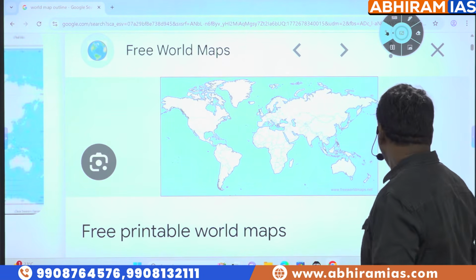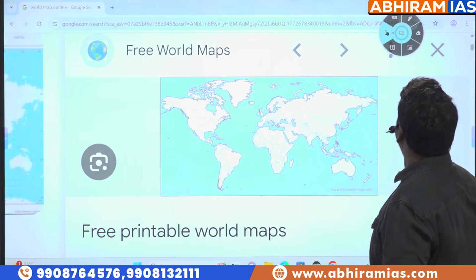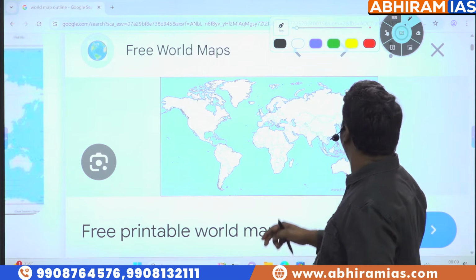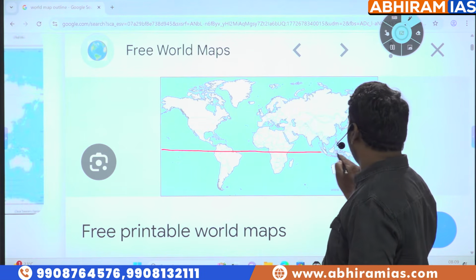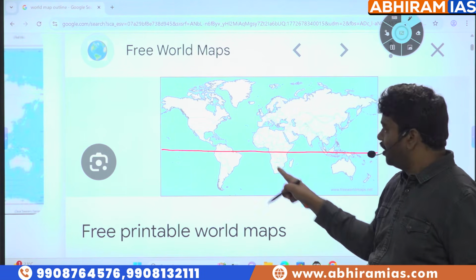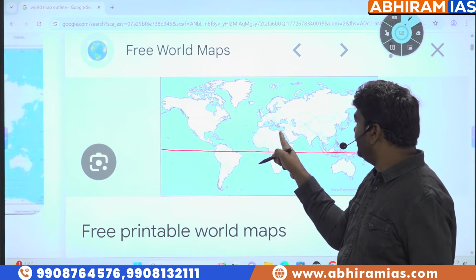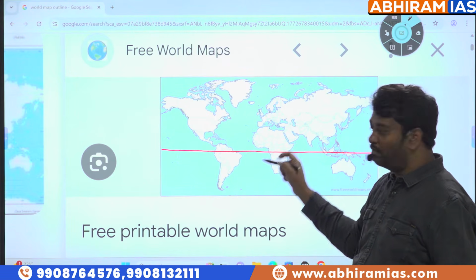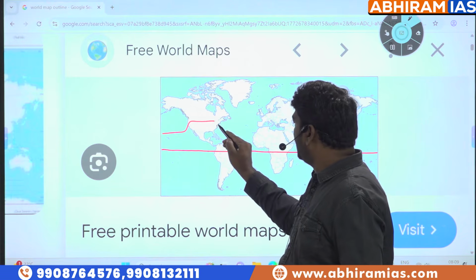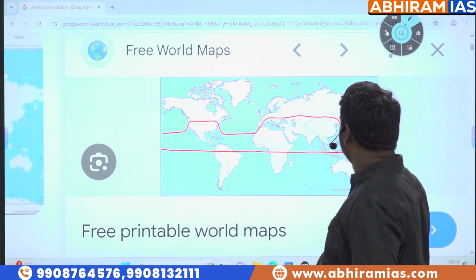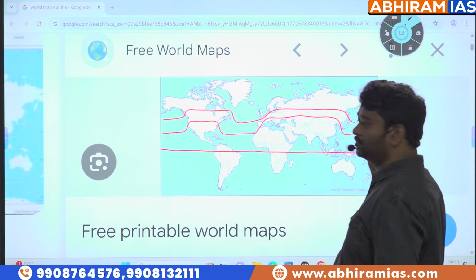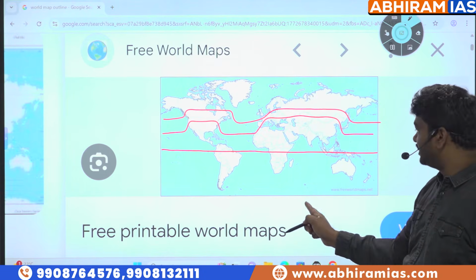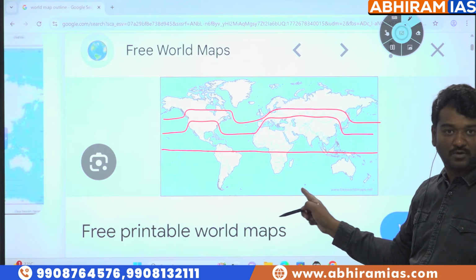Now, what is the line from the book? You see here. Northern hemisphere land is more. Because of this, isotherms will zigzag a lot. Southern hemisphere oceans are more.